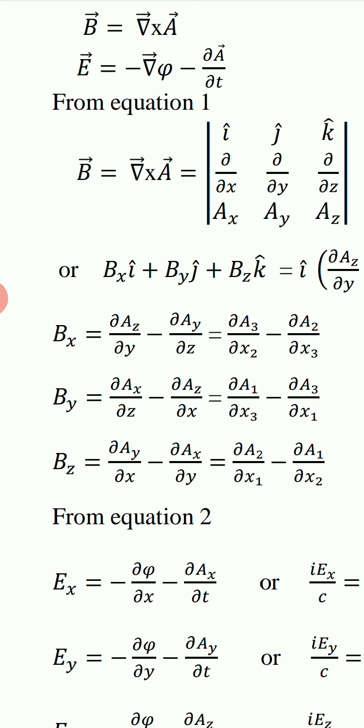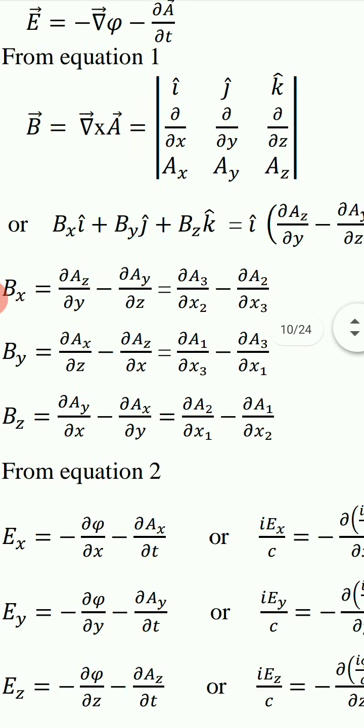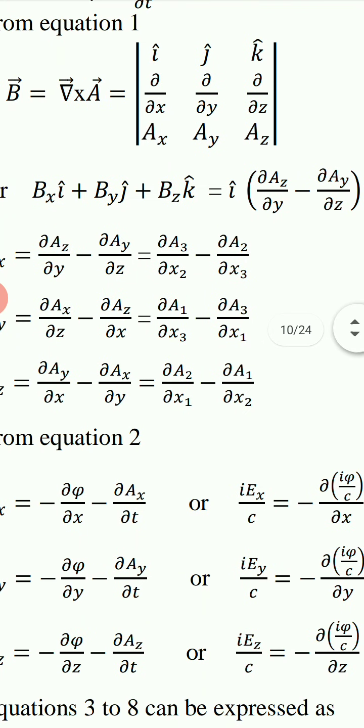Now in the left hand side, B vector can be written in terms of its components as Bx i plus By j plus Bz k. Bx, By, Bz are the three components of B vector along the directions of x-axis, y-axis and z-axis respectively.